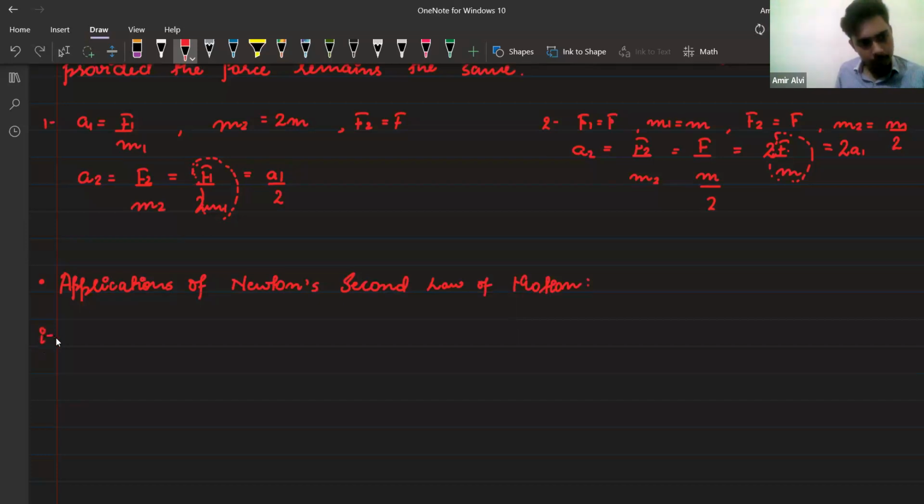The first is a cricket fielder. Just a cricket fielder is better instead of cricketer.